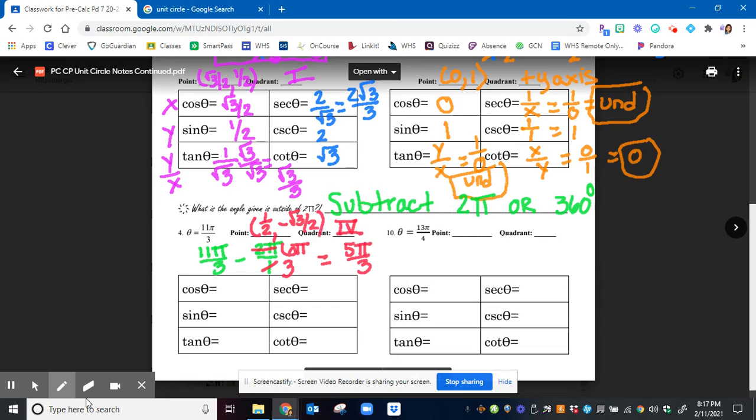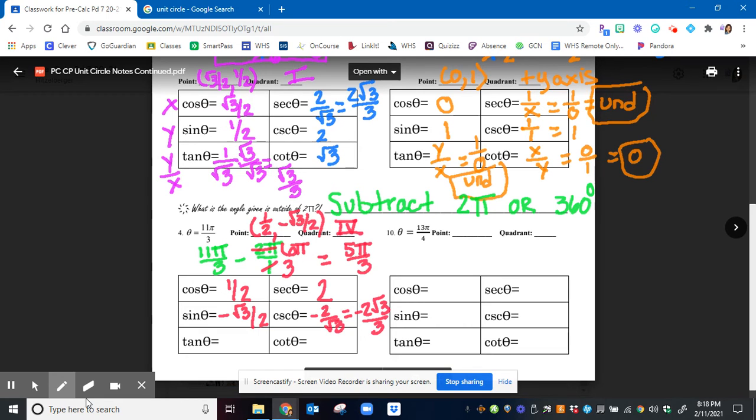Okay, and then you just go through and do your definitions once again. If we were in class, I'd have you guys do these on chat. So cosine is the x, 1/2. Secant is take the reciprocal, which is 2. Sine is the y value. Cosecant says flip it, so that's negative 2 over radical 3, which is rationalized, negative 2 radical 3 over 3.